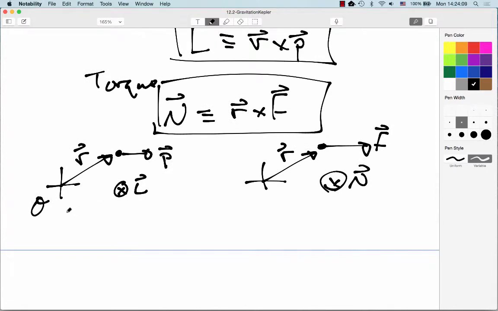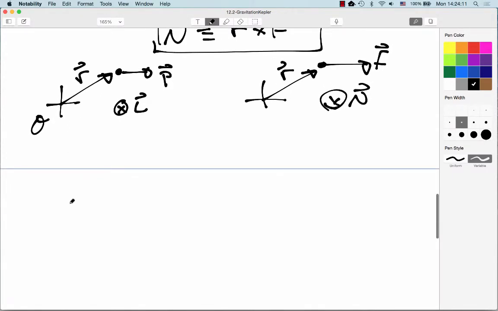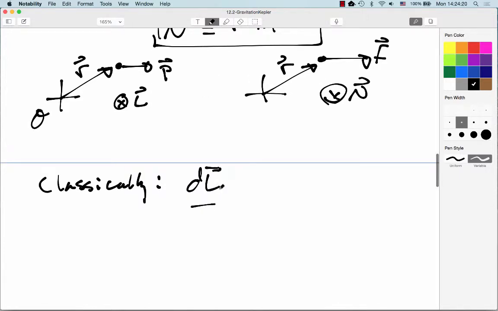So classically, and this is classical mechanics, the time rate of change of the angular momentum, dL/dt, will be equal to d/dt of r cross p.